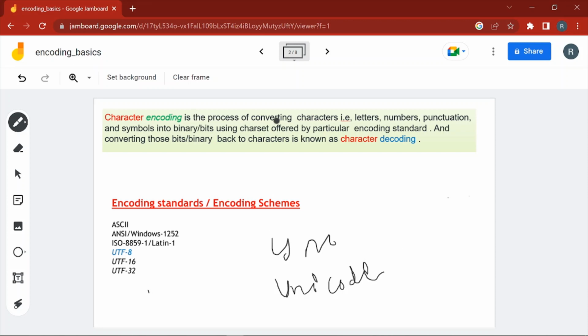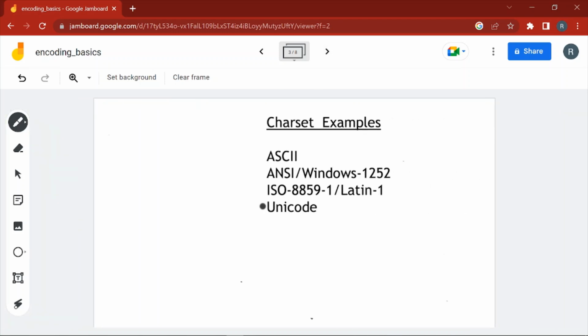Now let's see what is the use of a character set. These are the character sets I have mentioned here: ASCII, ANSI, Unicode. Unicode is the largest character set. It supports more than 1 lakh characters. ASCII only supports 128 characters.